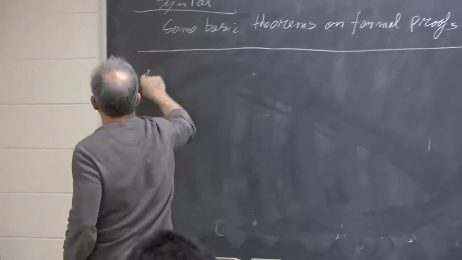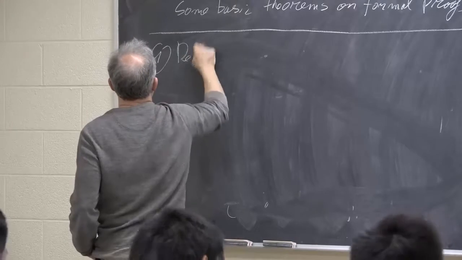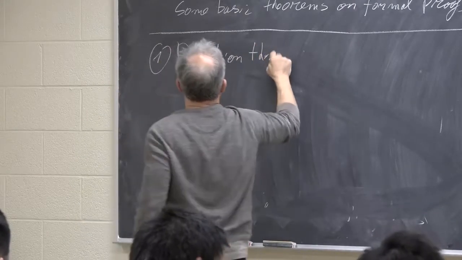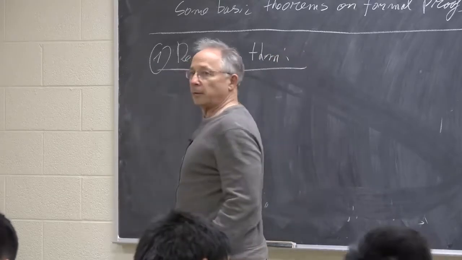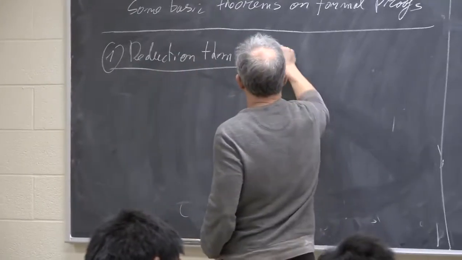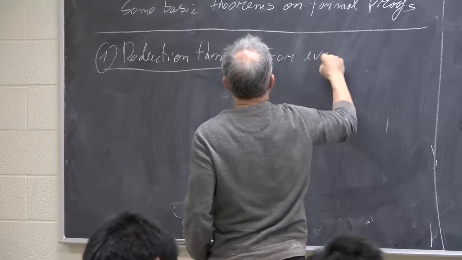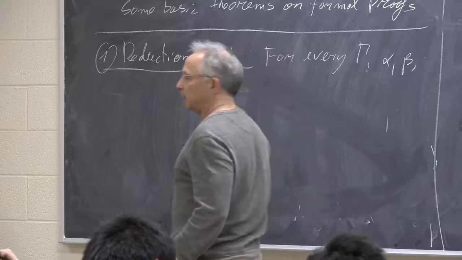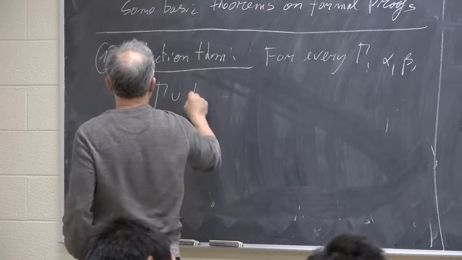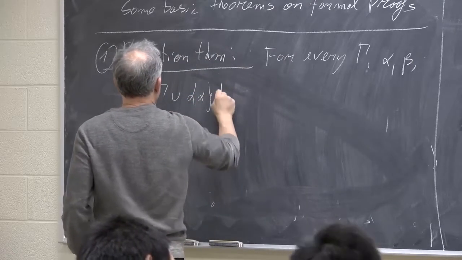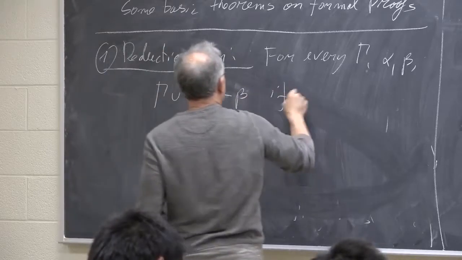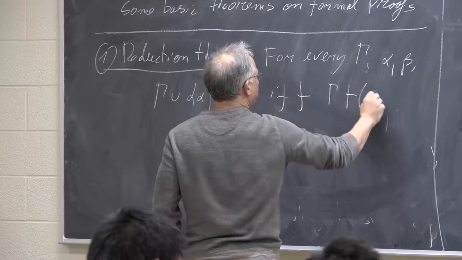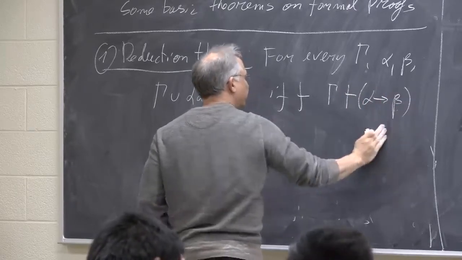The first one is the deduction theorem, which says for every gamma and formulas alpha and beta, gamma union alpha can prove beta if and only if gamma can prove alpha arrow beta.